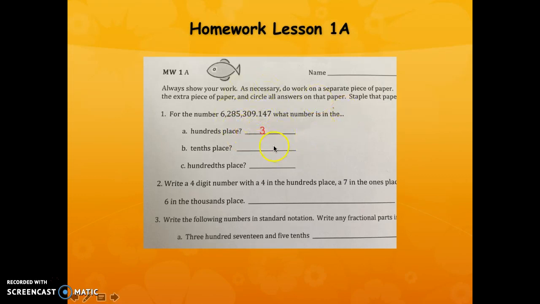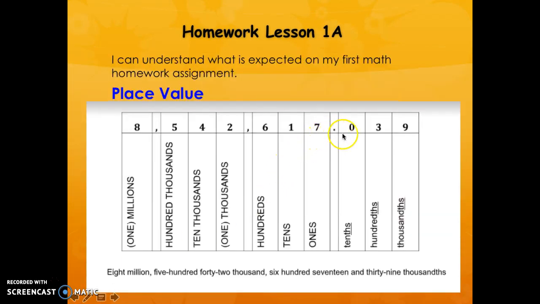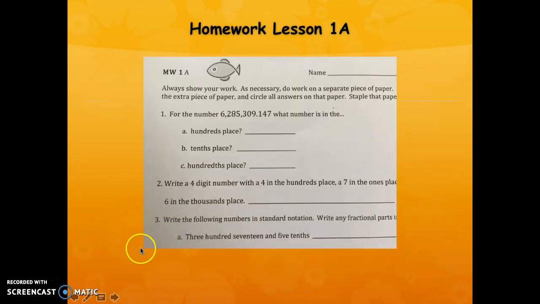So if we go back to the place value chart, we have tenths to the right of the decimal. So in this instance, if we go 1 digit to the right of the decimal, you got it, you would write the number 1 right here. I'm going to let you do letter C on your own.